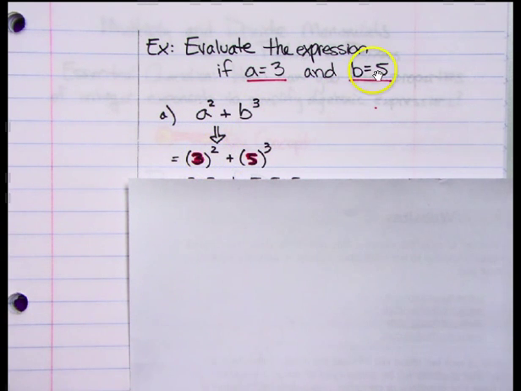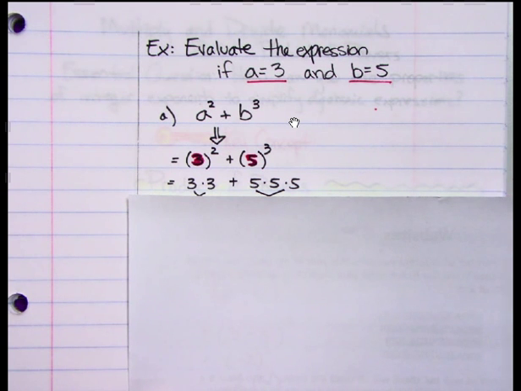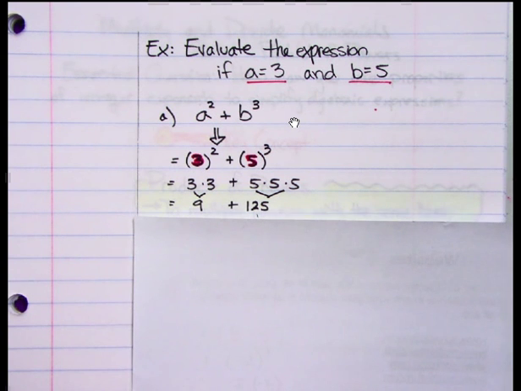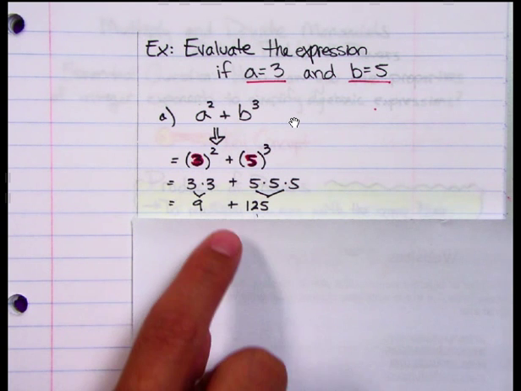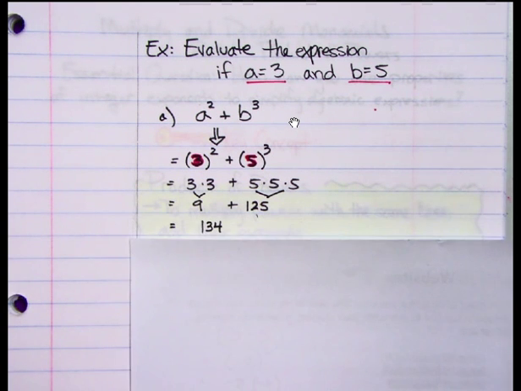And if B is equal to 5, then B cubed turns into 5 cubed. Now remember, 3 squared just means 3 times 3, and 5 cubed just means 5 times 5 times 5. So 3 squared is 9, and 5 cubed is 125. And then my last step is to add it together, 134.